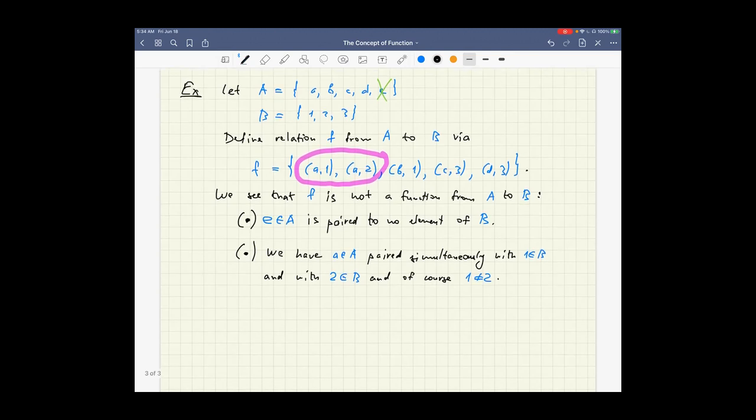So that is an example of a relation that is not a function.